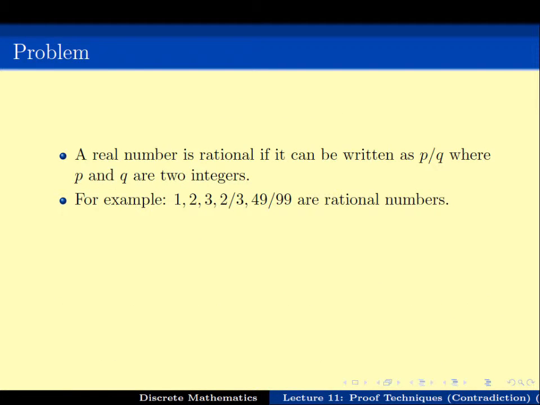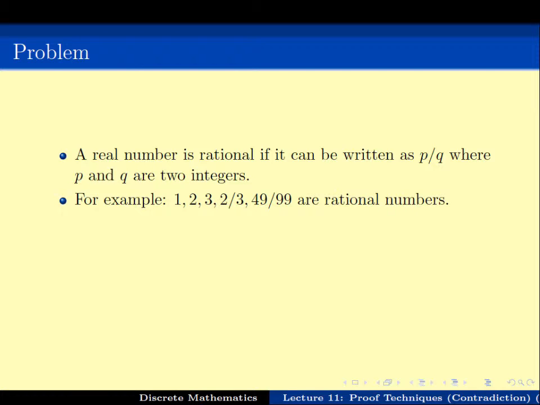So now for today's video lecture, we will be working with numbers. Here we say that a real number is rational if it can be written as the ratio of two integers, namely p by q.